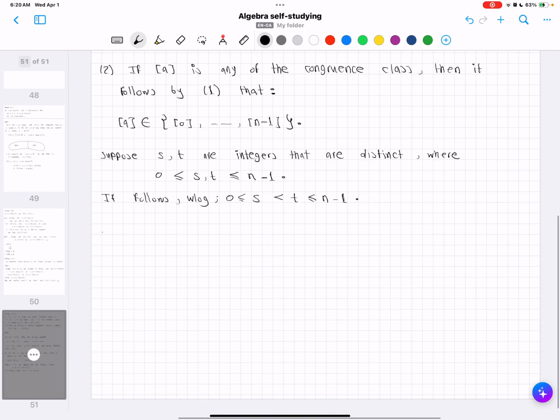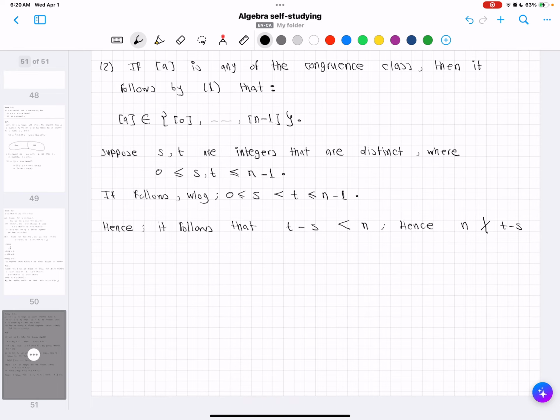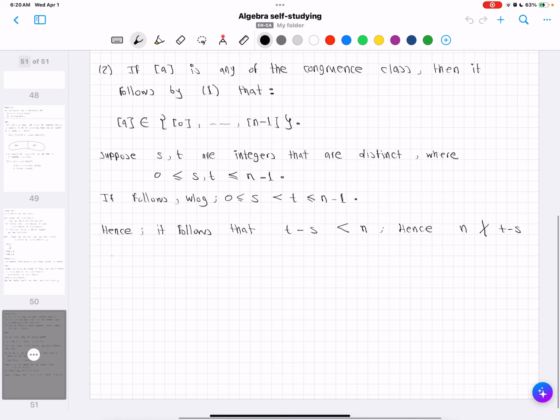Hence they are distinct. Their difference is also nonzero. So t minus s is less than n. So hence n doesn't divide t minus s. So the classes are distinct.